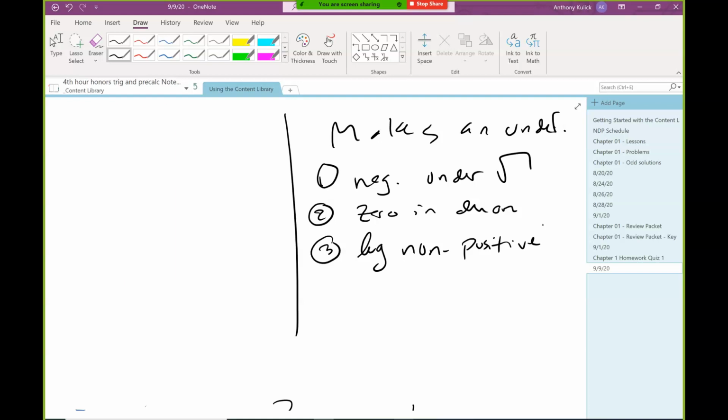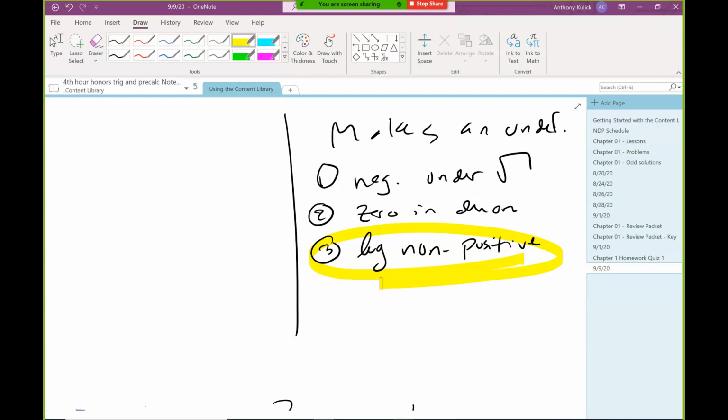So those are the only three things that you guys know about to this point that can make an undefined function. So if you're looking for stuff to figure out a domain, those are the only three situations you have to worry about. Now, we didn't see any of these to this point, right? You think you'd see one on the test?